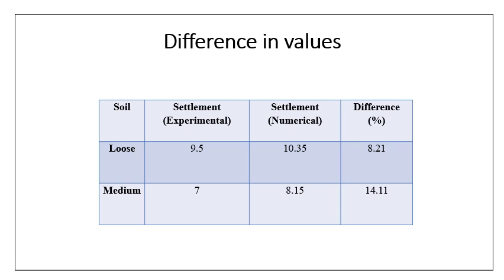In loose it is less than 10%, which is good, and in medium it is less than 15%, which is acceptable according to most research of the same nature in which experimental and numerical values are compared. So all of the above findings validate the efficiency of the sand pluviation technique, and it is a confidence-building measure that a person can proceed towards complex testing in the laboratory.